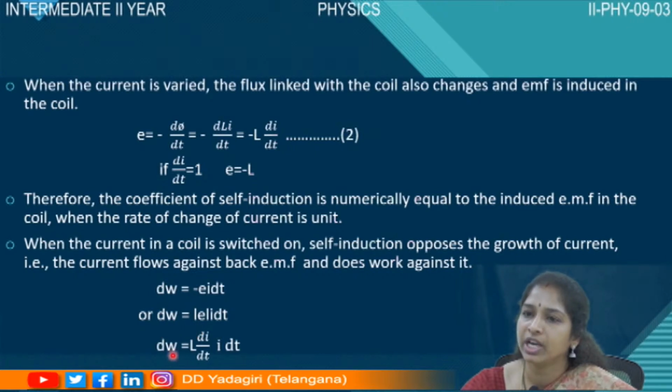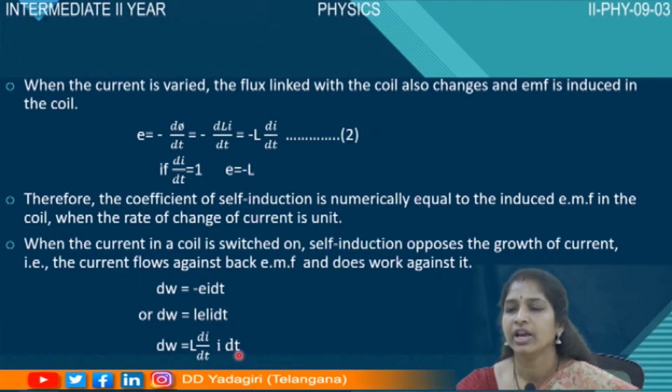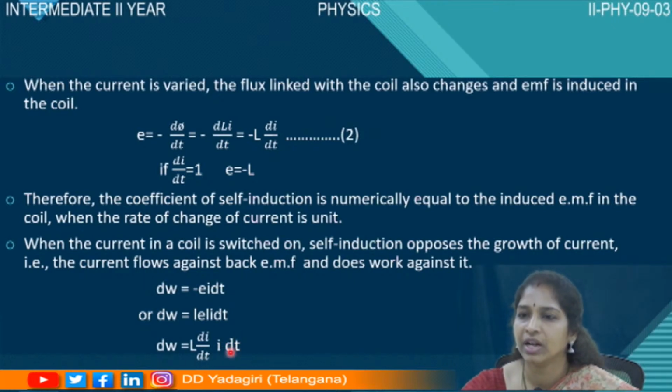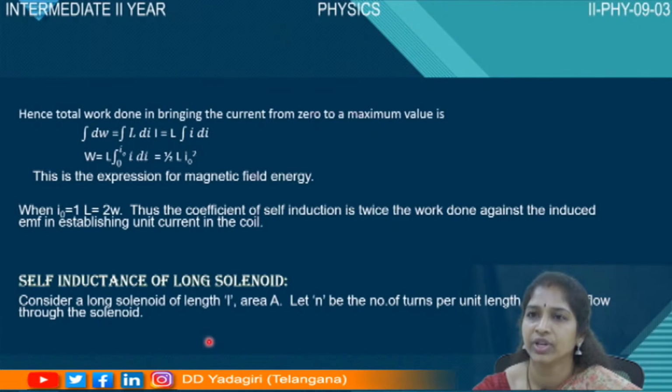So dW equals EI dt. Now substituting the E value, dW equals L di by dt into I dt. Here the dt gets cancelled, and dW equals L I di, which is the next equation.